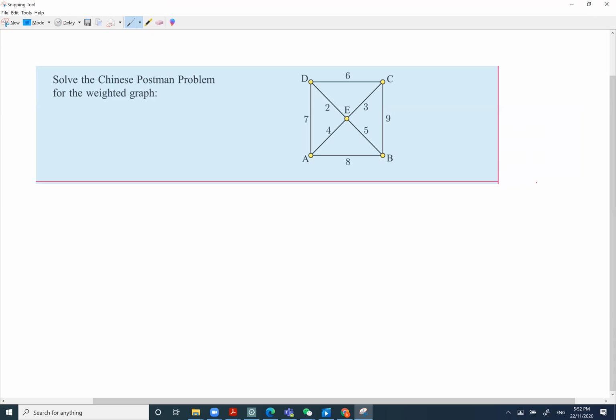And for this type of question, how do we find the minimum distance?